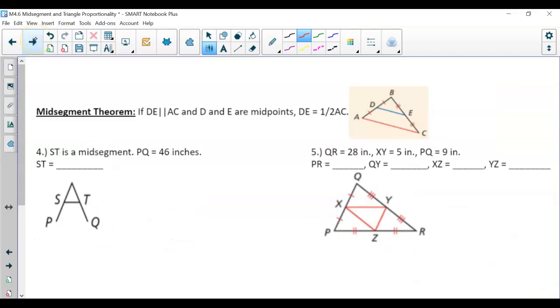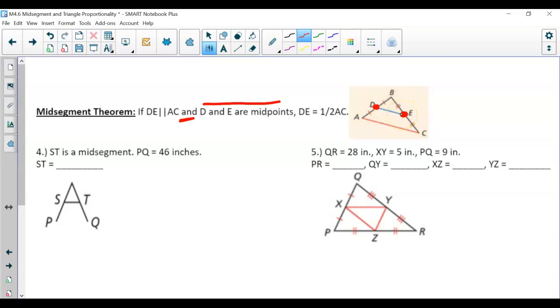So now the midsegment theorem. The midsegment theorem states that if DE is parallel to AC and D and E are midpoints, notice how here, for example, D cuts AB into two congruent pieces, and E cuts BC into two congruent pieces.